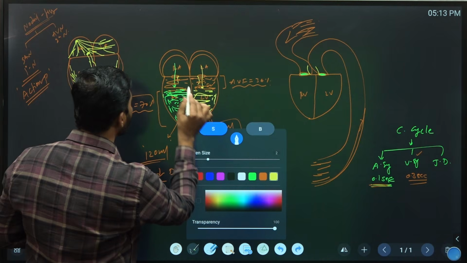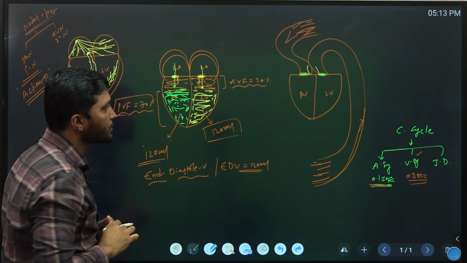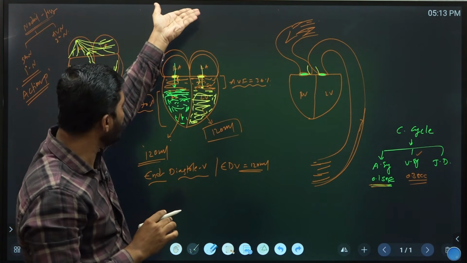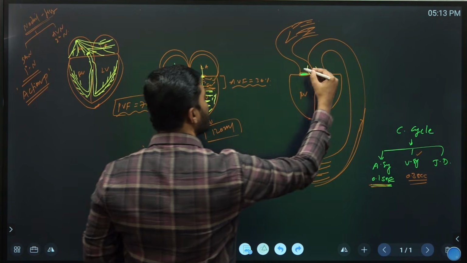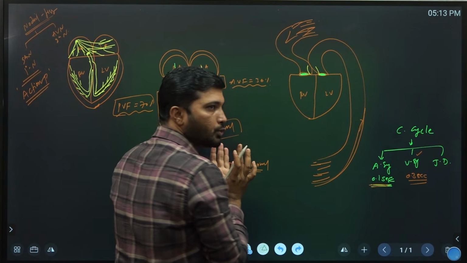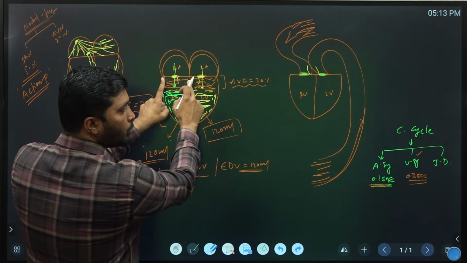The tri and bicuspid valves close like this, and there is no chance to move back. At the same time automatically, the semilunar valves open due to the high ventricular blood pressure.